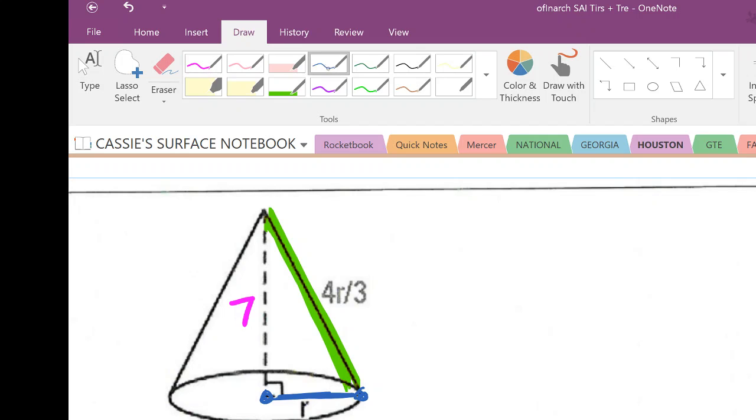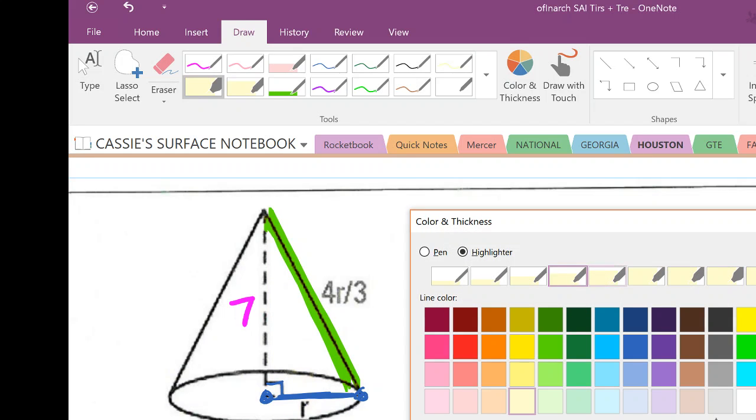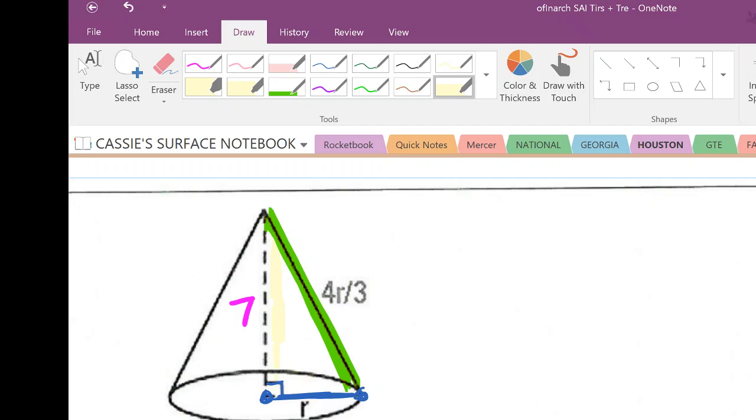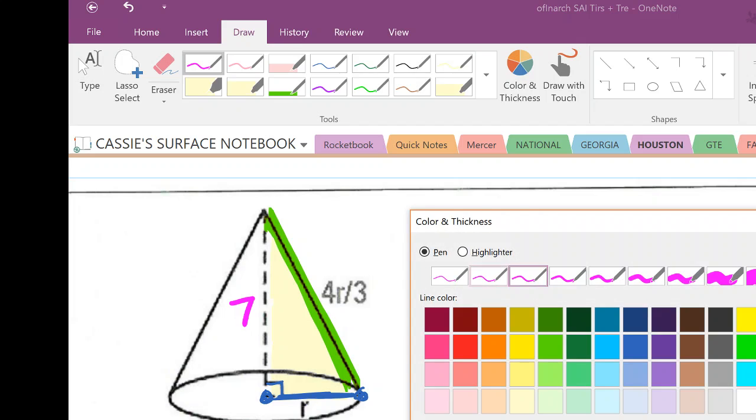So now I've got another secondary equation that I could use, because I know that this right here is a right triangle. Okay, that's not very pretty, but here we go. This right here is a right triangle. So I do know the Pythagorean theorem is true about it. So let's see what happens when I do that.